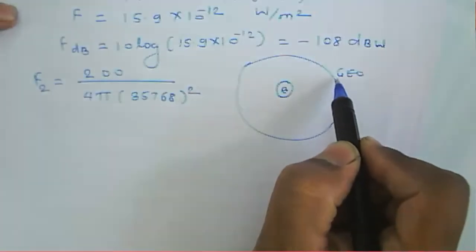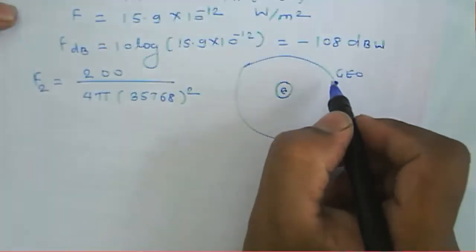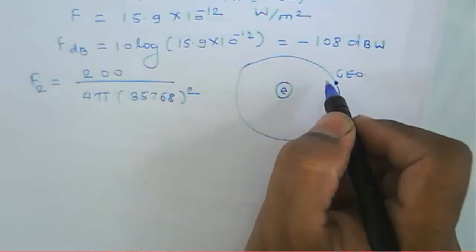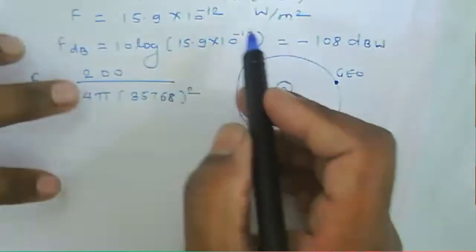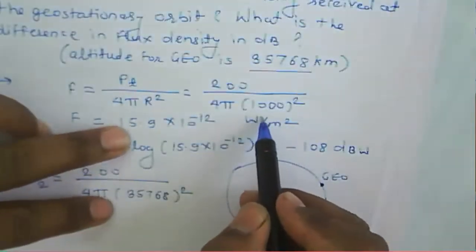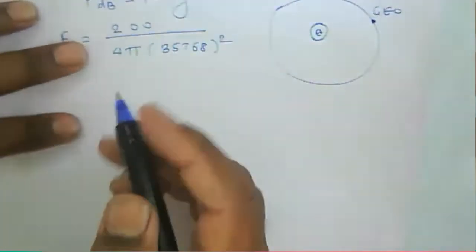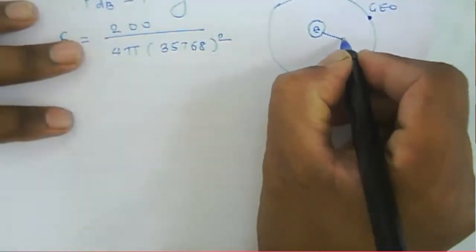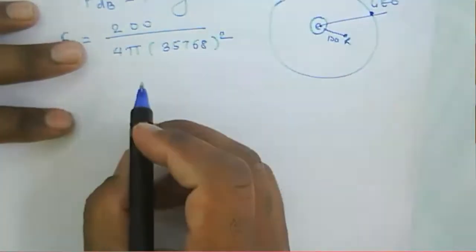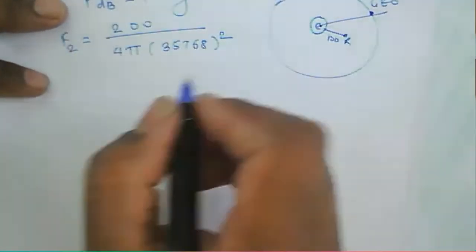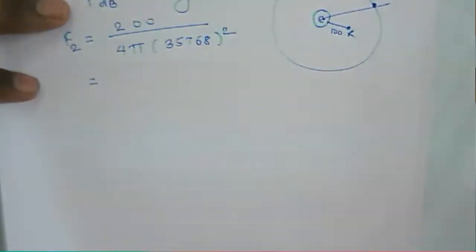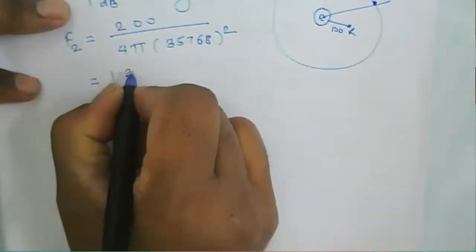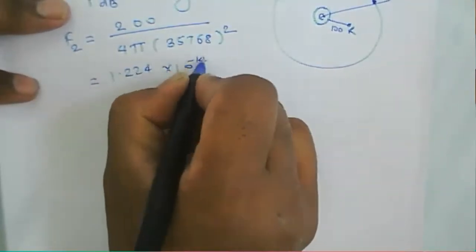The transmitter is on the equator. In the earlier case it transmits the power at an altitude of 1000 kilometer, and here it will transmit to the GEO orbit. Now you can solve it using this. You will get the output about 1.224 into 10 to the power minus 14.